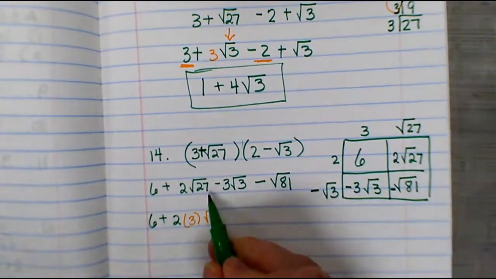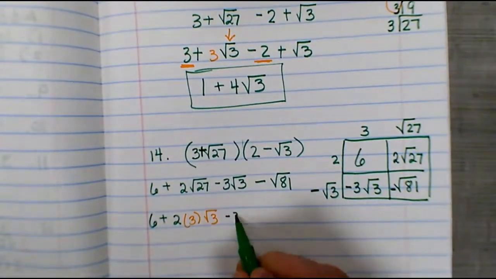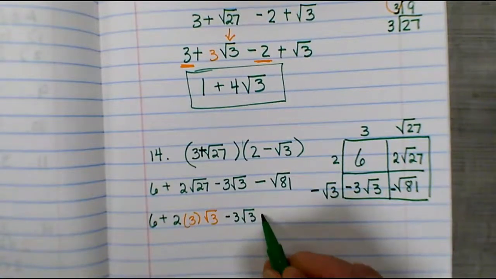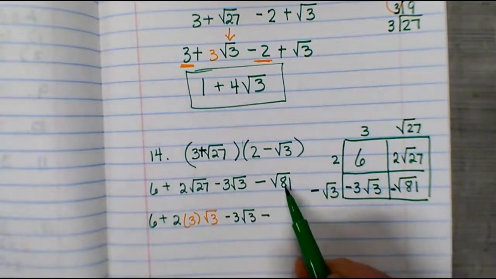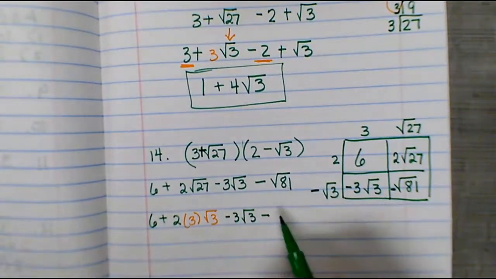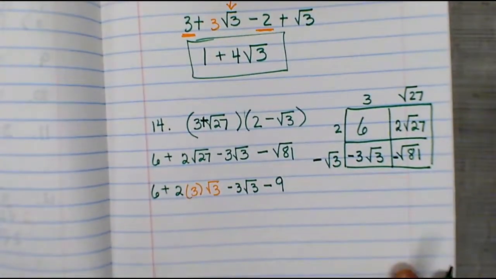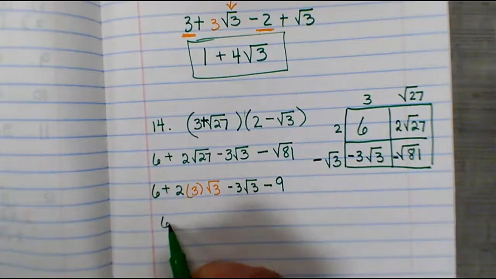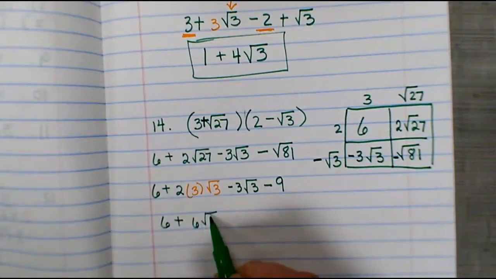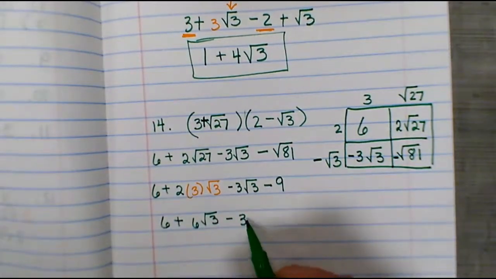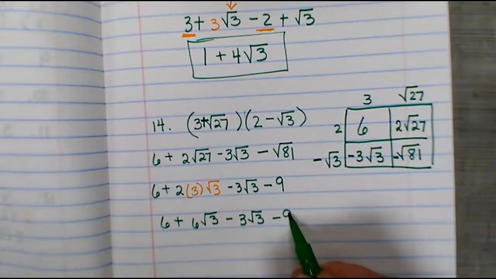That's equal to the 27 minus 3 square roots of 3 minus 81 is a perfect square number. The square root of 81 is 9. So we have 6 plus 6 square roots of 3 minus 3 square roots of 3 minus 9.